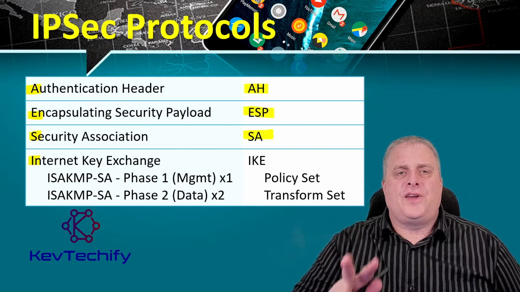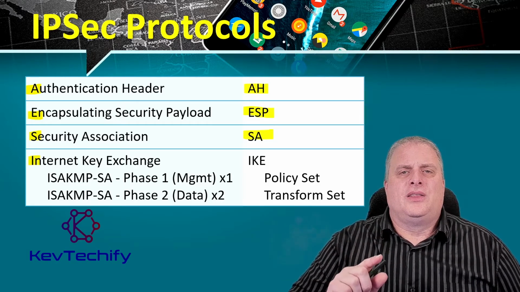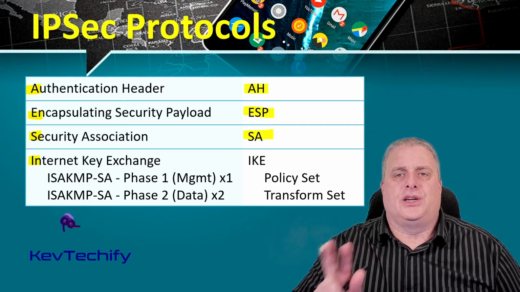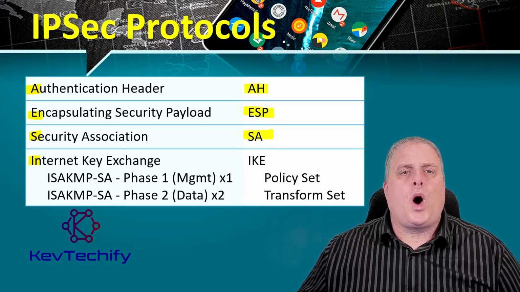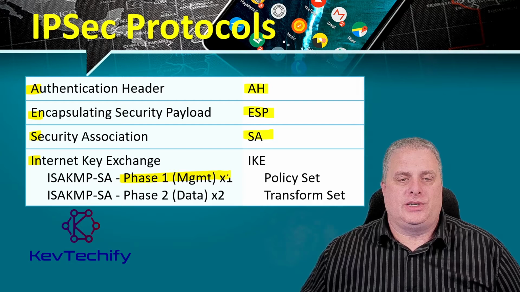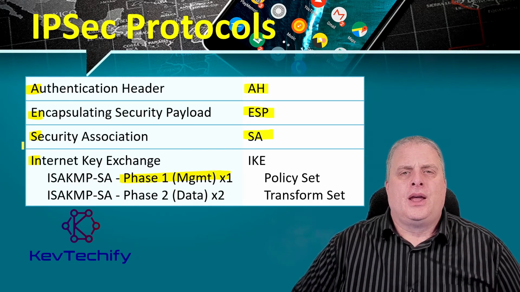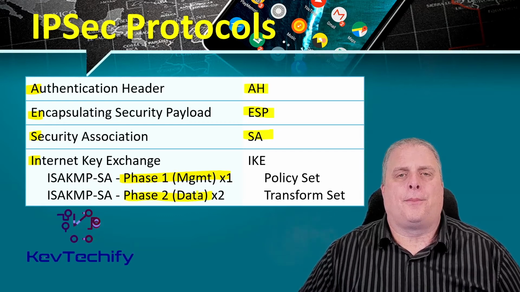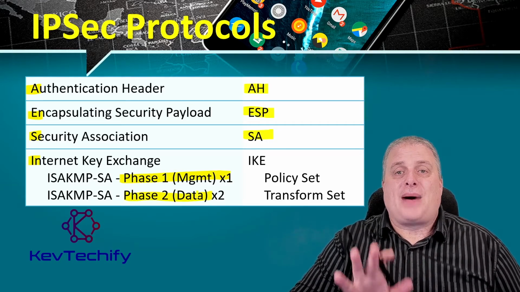Now, there are two phases in IPsec. There's the phase 1 security association and the phase 2 security association. Phase 1 is used for management, and phase 2 is used for transferring our data. Phase 1 creates the policy set.